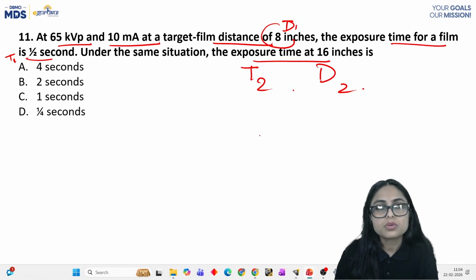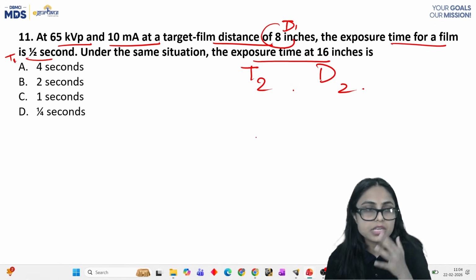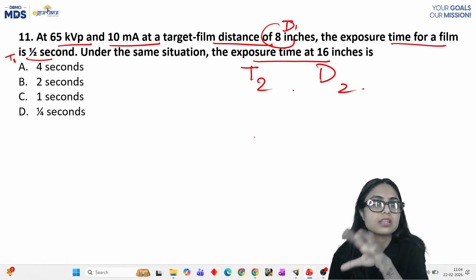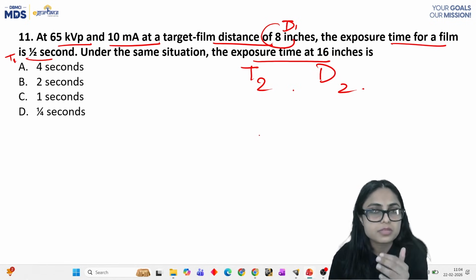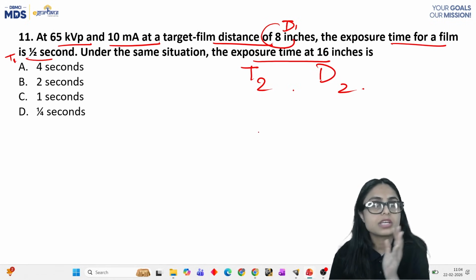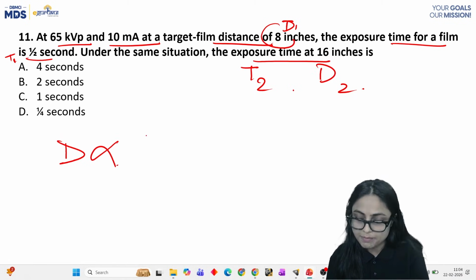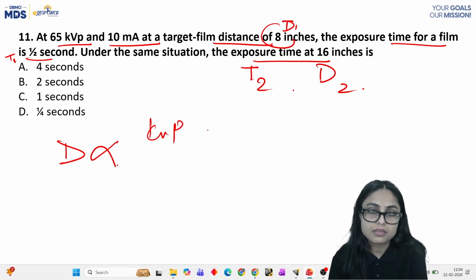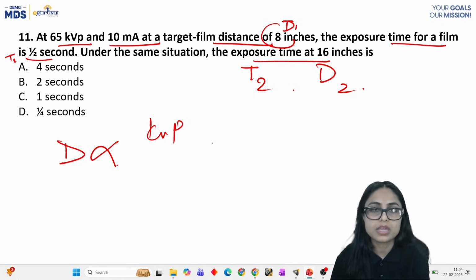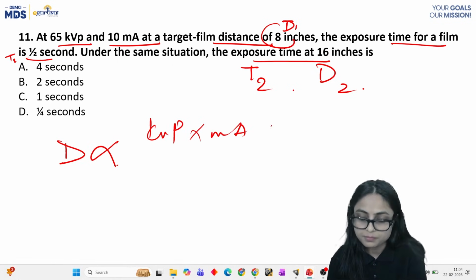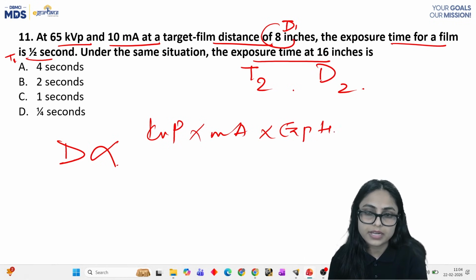Then we need to find some relation between the exposure time, the target film distance, the kilovoltage, milliamperes, everything. So we know the density of the film depends on, or is directly proportional to, kVp, mA, and the exposure time, correct?